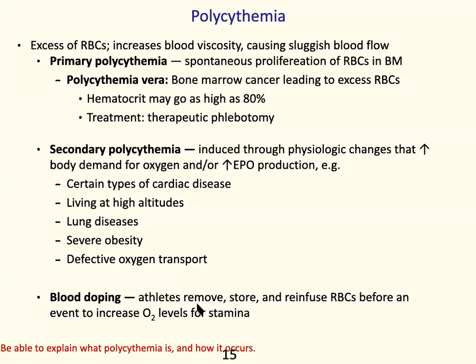Okay, so blood doping is a process where athletes remove, store, and reinfuse red blood cells before an event to increase oxygen levels for stamina. And this can actually be very dangerous for the same reason as other causes of polycythemia.